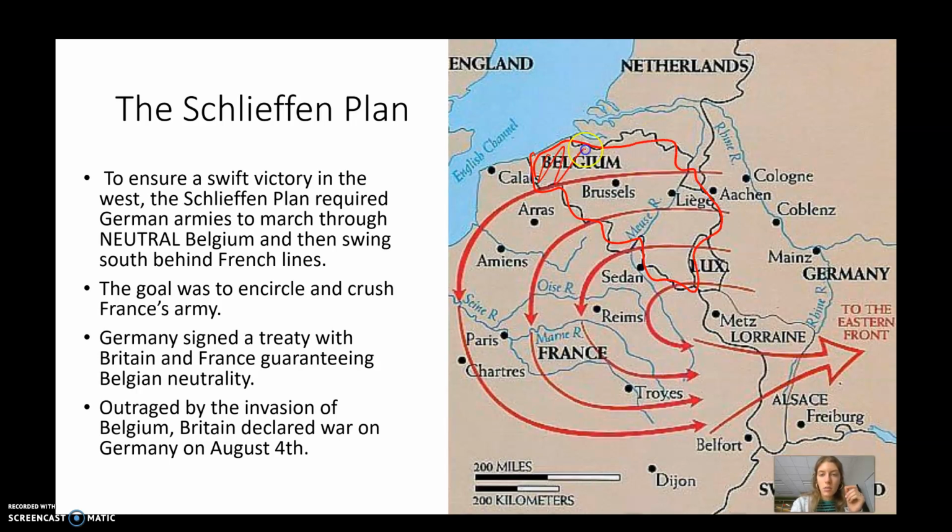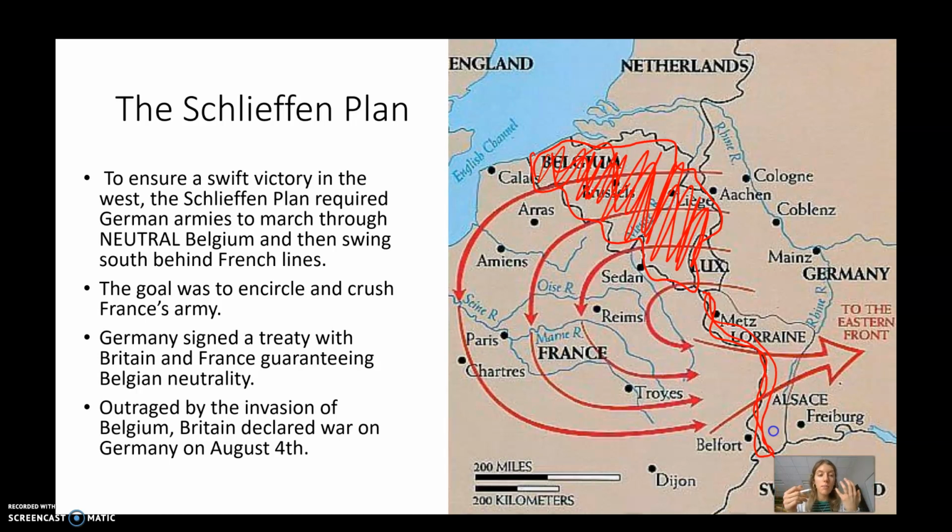I'll color it in so that you can see it a little bit better. This is Belgium. The goal for Germany was to go through Belgium and to attack France from behind, because all of the French troops are on the front ready to attack. So if they attack from behind, France won't see it coming.